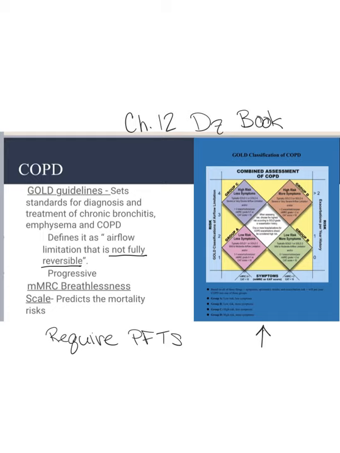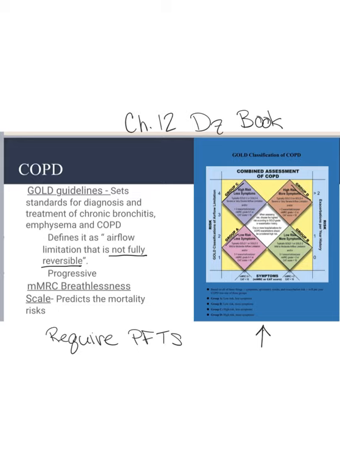So you're going to look through these different groups, and this is in your book. Know the different groups and how they are classified. These groups are based on their risk levels and how many symptoms they have.